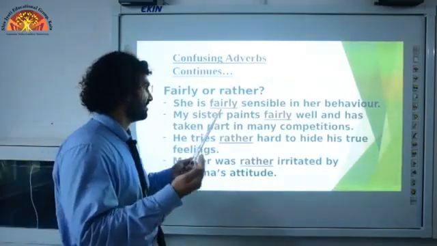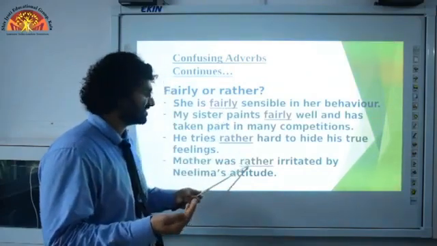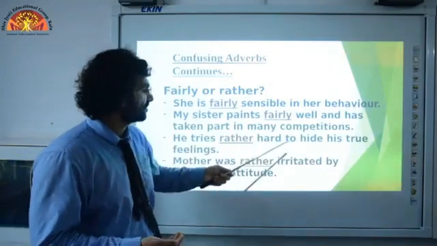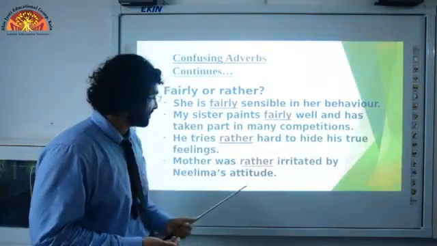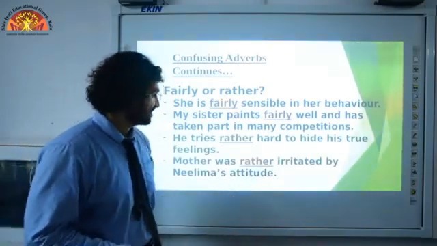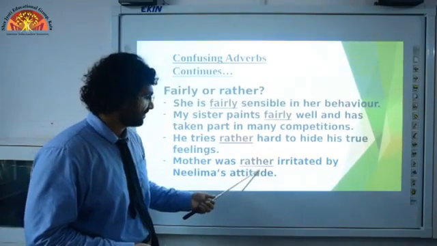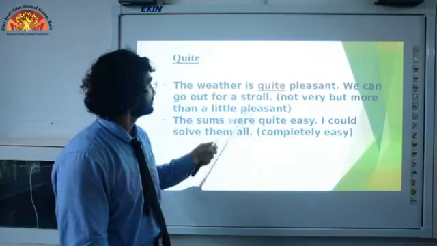Fairly has a positive point of view and rather has a negative point of view. He tries rather hard to hide his true feelings. Mother was rather irritated by Nilima's attitude. So we can see clearly the difference between them. This has been used for negative purpose, this has been used for positive purpose.